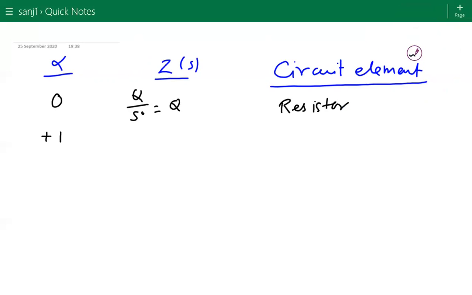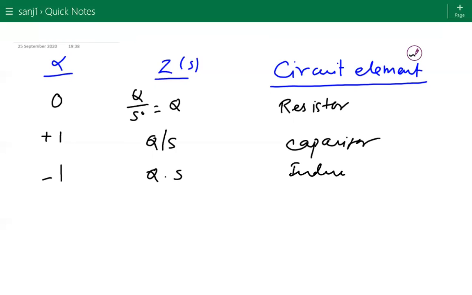If alpha equal to plus 1, then it is given by q upon s. This will take the form of a capacitor. If it is minus 1, it will look like qs. It will be an inductor.